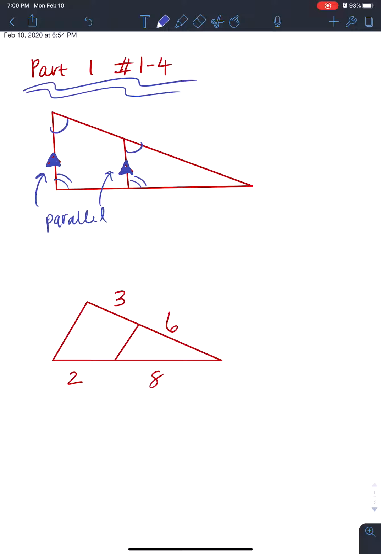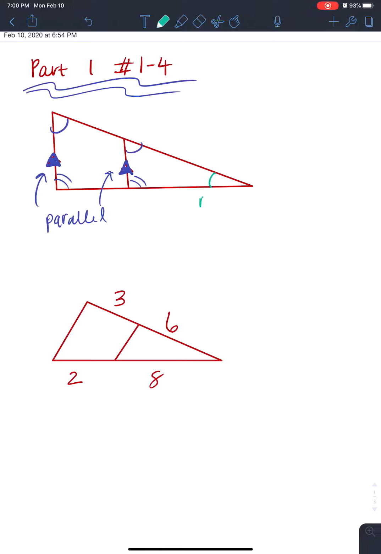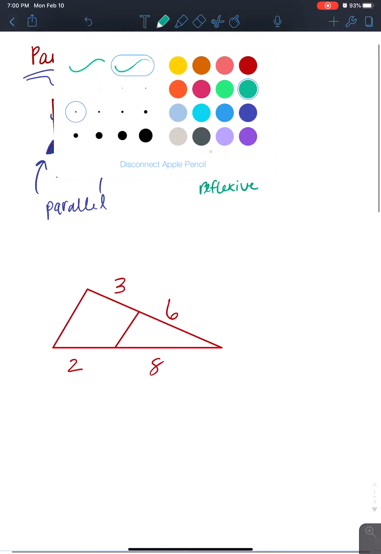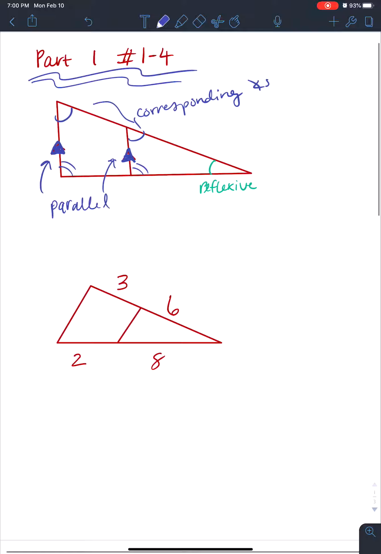And if you wanted to say one extra pair, you could say this is congruent to itself by the reflexive property, whereas these ones were the corresponding angles, just like we talked about in class. So I would say these are similar by AA.